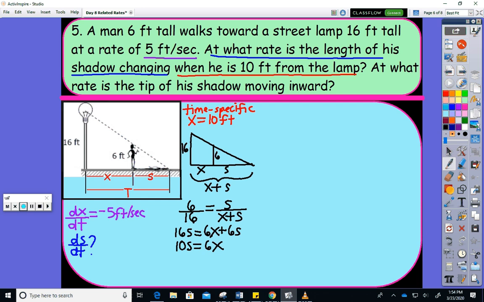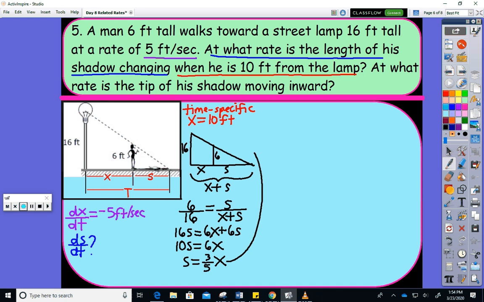And if I want to, I can say that s equals 6 over 10, or 3/5 x. Because I wanted an equation that has an s and an x in it, so when I do derivatives, I get a dx/dt and a ds/dt. I'm simplifying, making my equation as derivative ready as possible before I do derivatives.